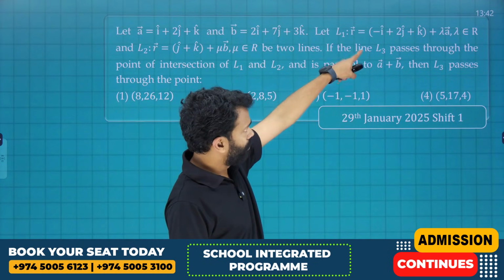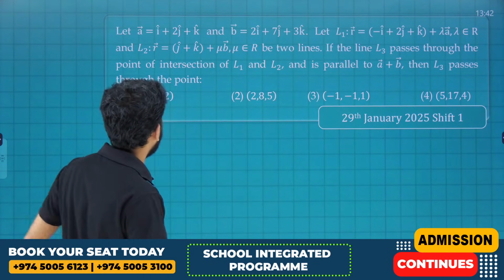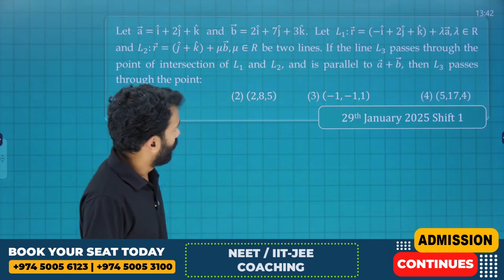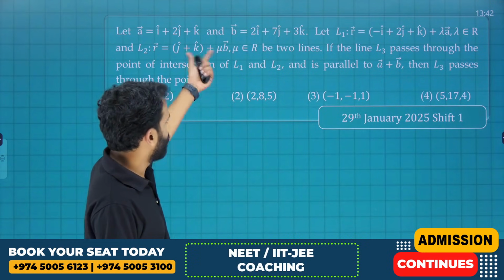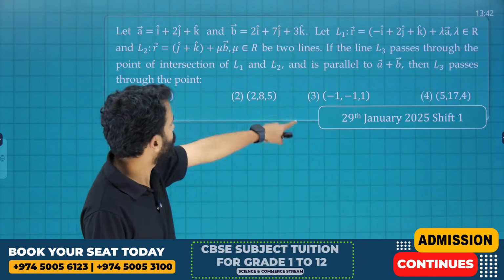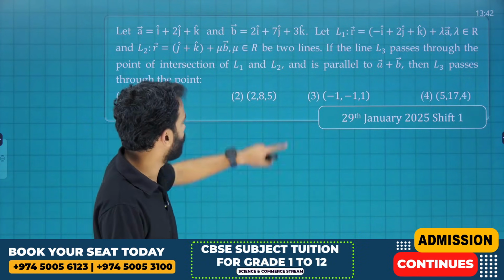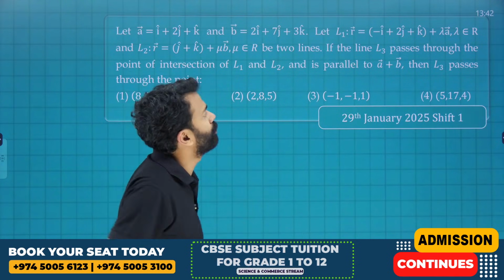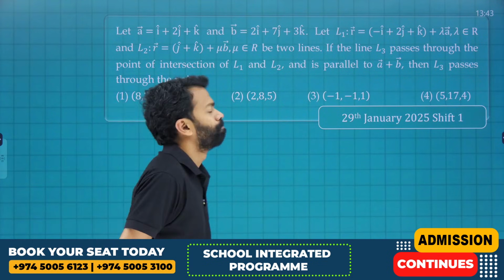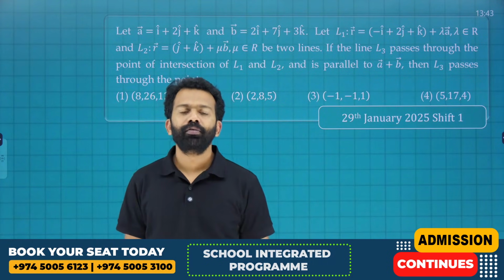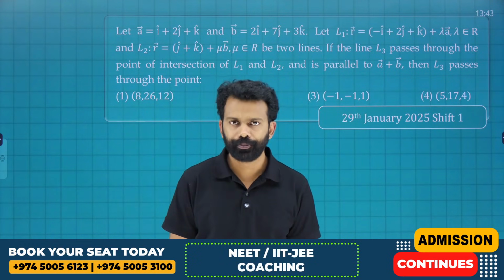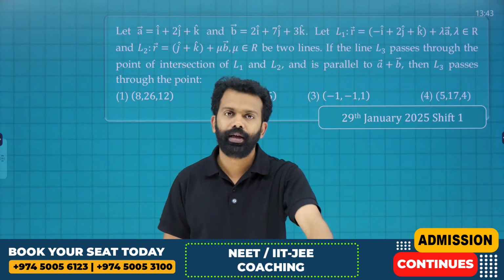Vector R is equal to minus i plus 2j plus k plus lambda vector A, and L2 is equal to j plus k plus mu vector B. If the line L3 passes through the point of intersection of L1 and L2 and is parallel to vector A plus vector B, then L3 passes through the point. We need to find among the 4 points, 1 point which will pass through the line L3.